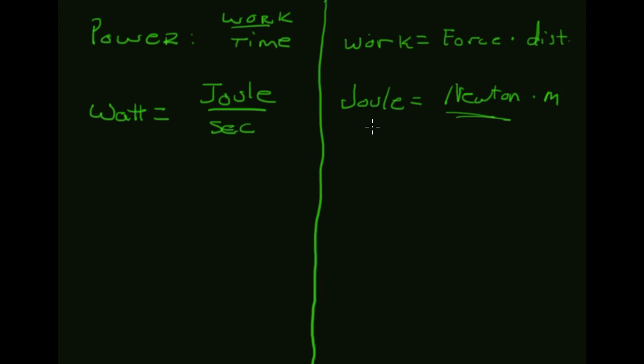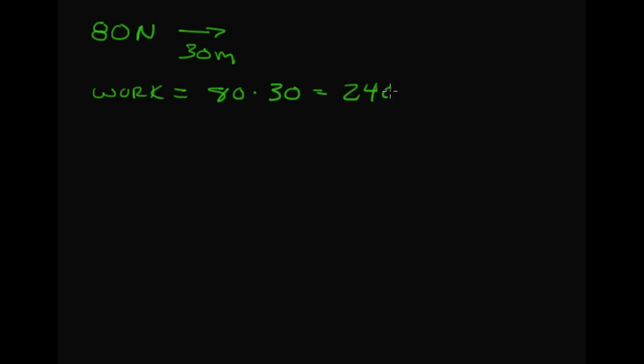All right, so let's give some examples of this. Let's say we have a person and they're exerting 80 newtons of force against an object, and they move it a total of 30 meters. That means the amount of work that they did was 80 newtons times 30 meters, which is 240 joules of work. Now, let's say that they did this in a period of 5 seconds.